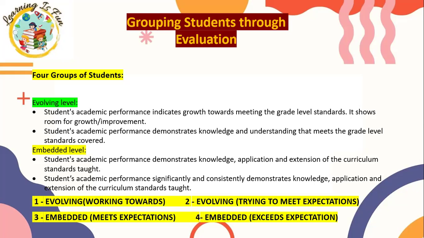Now high achievers, which I told you about already, they are exceeding expectation. These are those children who reach the success criteria within the first lesson. You don't need to put much effort on them.